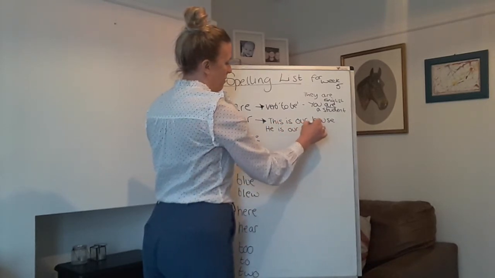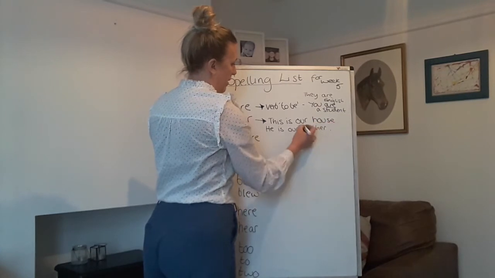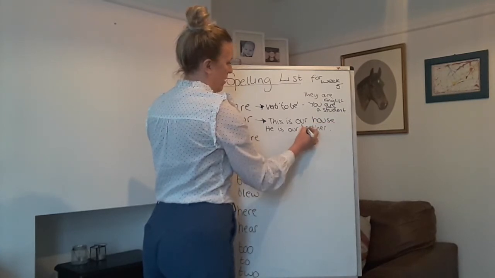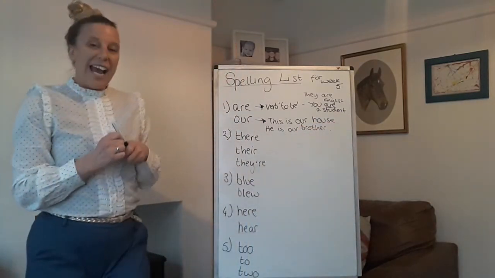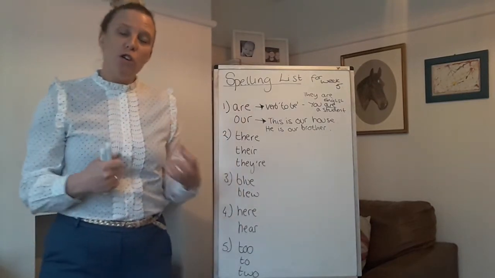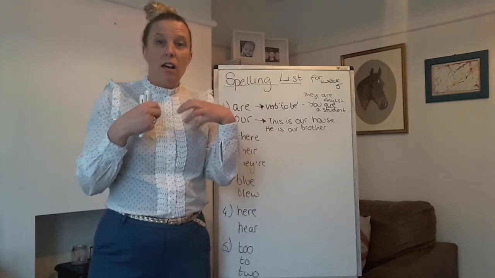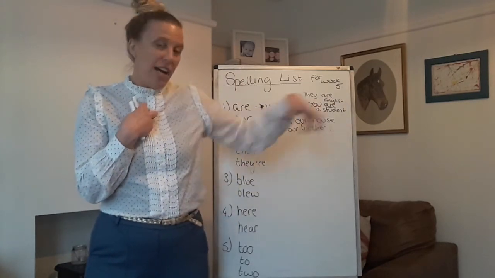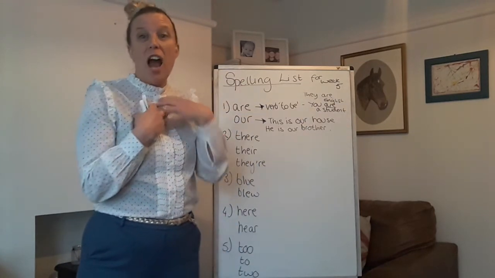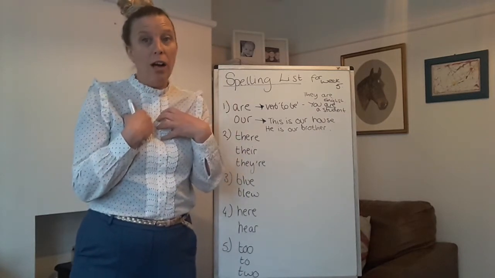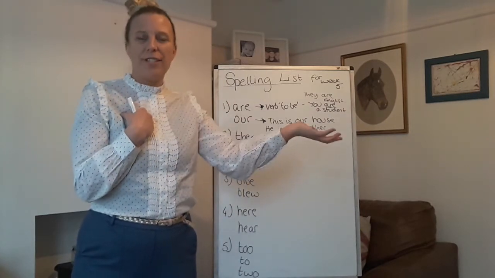He is our brother. Okay, so our, O-U-R, is about possession. The house belongs to us, to me and you, maybe. So it's plural, our, like me and someone else.